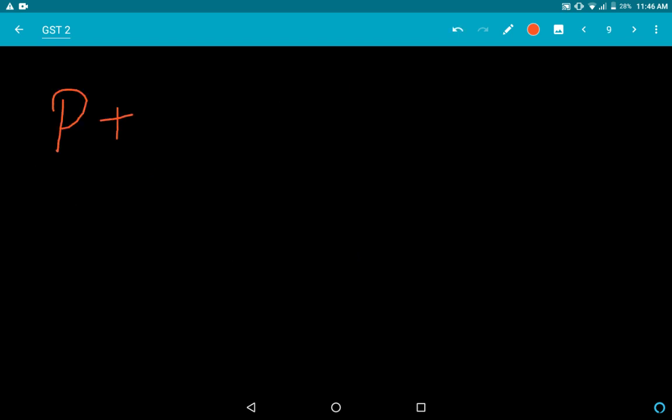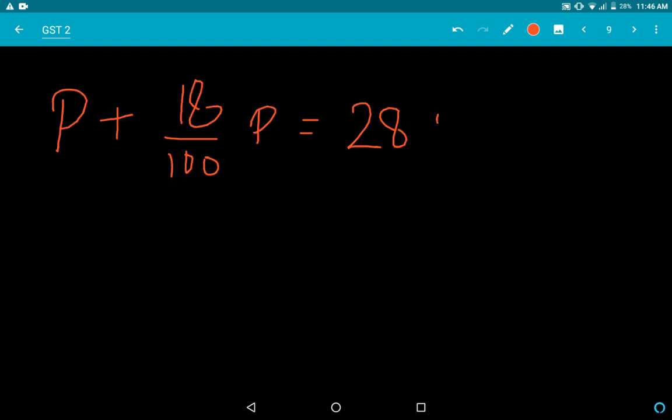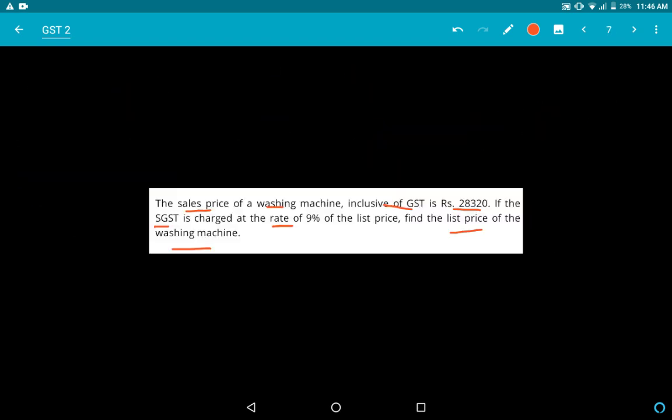P plus 18% of P is nothing but 28320. This is 118P by 100 into 28320. Did I copy the sum right? Yes.